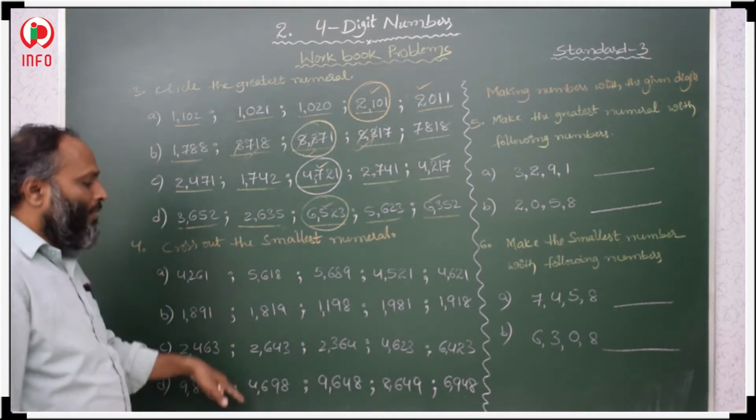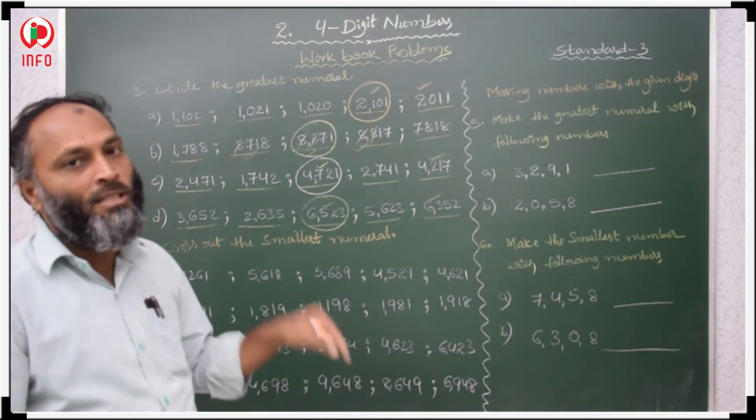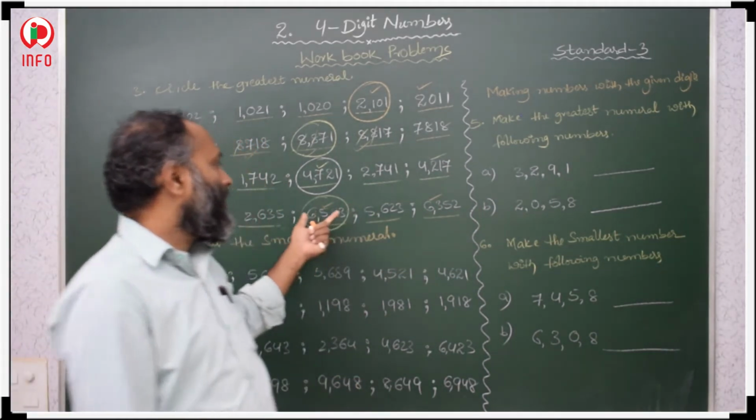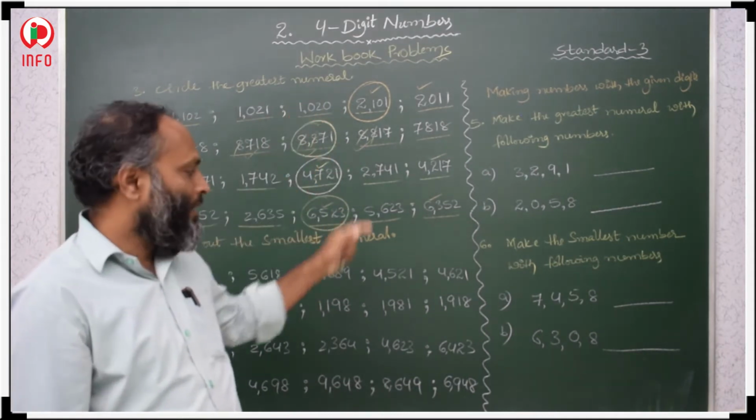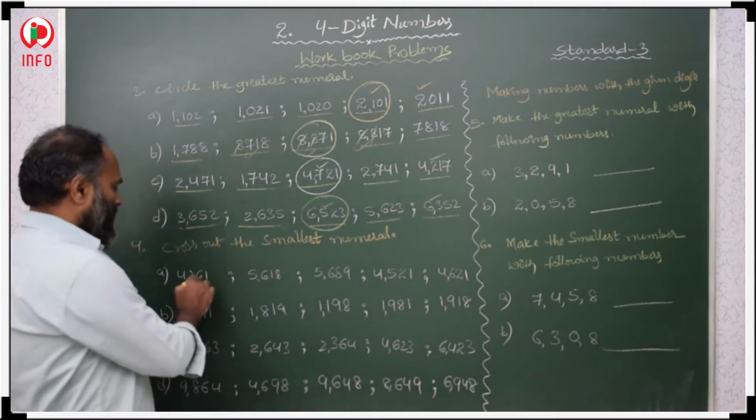Here the same question, but here the small one. So we have to find the smaller one and cross it out. Here we circle the bigger one, and here we cross out the smaller one. Now five numerals are given.